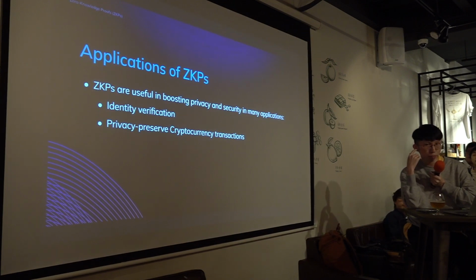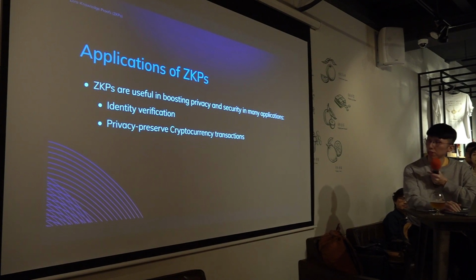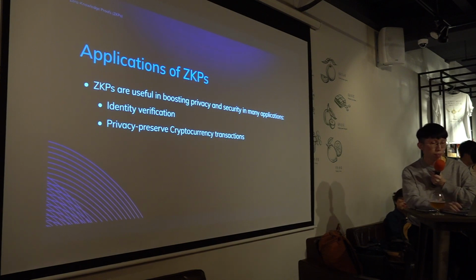So you probably know that all of the transactions on the blockchain are public. And everyone can verify it, but let's say you want to make a transaction, but you don't want to disclose the recipient or the amount of money you want to transfer, then you can make a ZKP to prove that you have done this transaction without revealing that information.